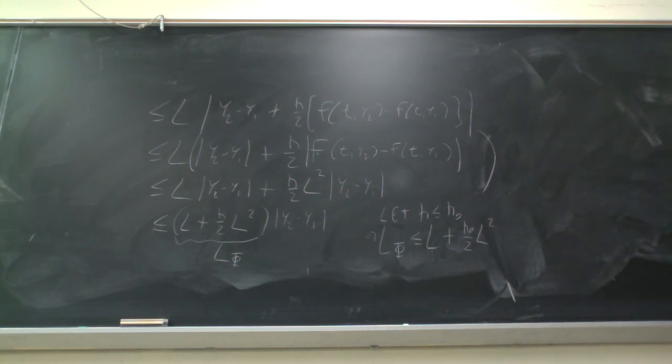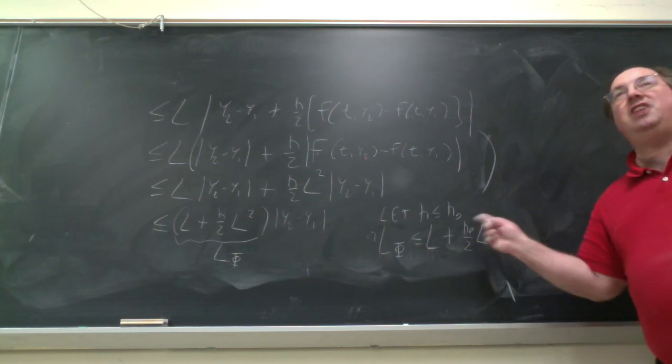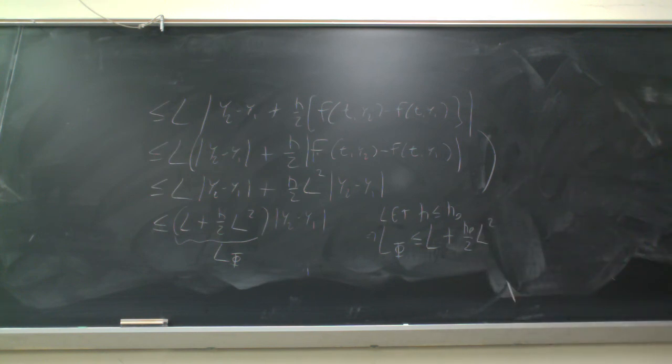So if h is sufficiently small, then phi is Lipschitz continuous with a Lipschitz constant that is independent of h, because notice there's no h in here, only h naught, which is a fixed constant. So the Lipschitz constant is not growing as h goes to 0. Actually, it's shrinking. It converges to L.